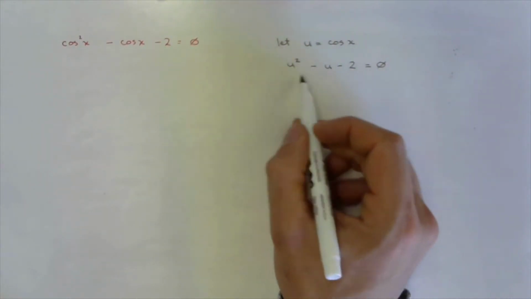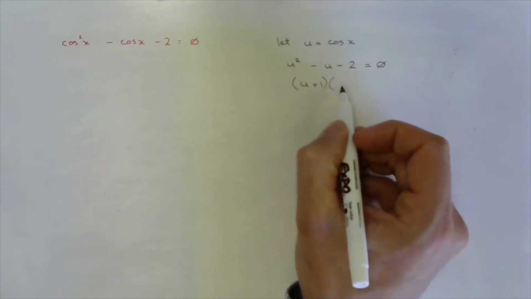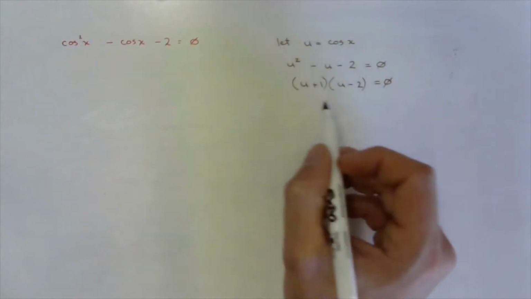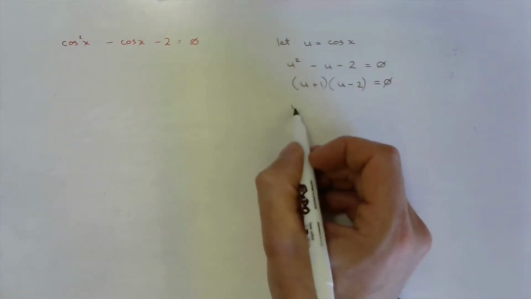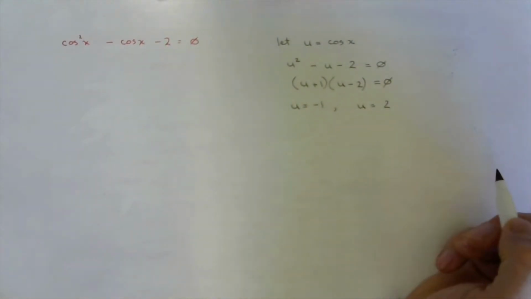And this is quite simple for us to factor. We know it's u plus 1, u minus 2 equals 0. So the solutions then would be u equals -1 and u equals +2.